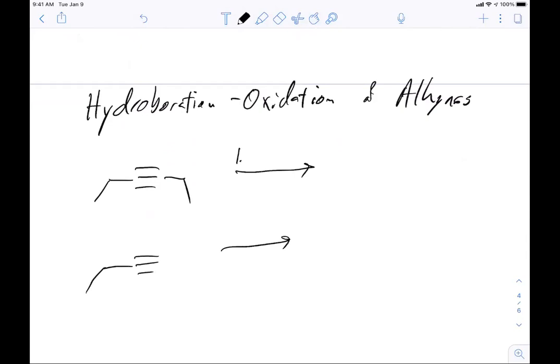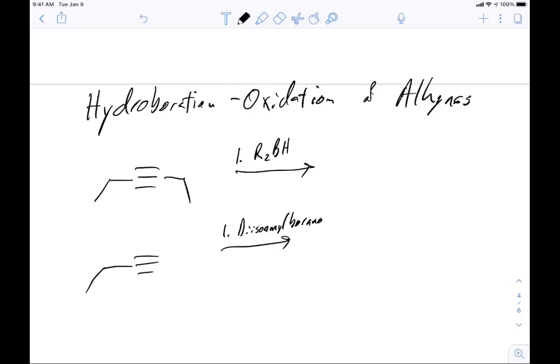So for hydroboration oxidation of alkynes, since you have two pi bonds, it turns out you could add two boranes across that at the same time. So what you're going to look for is reagents where you only have one BH. So there's several of these. Diisoamyl borane is very common.